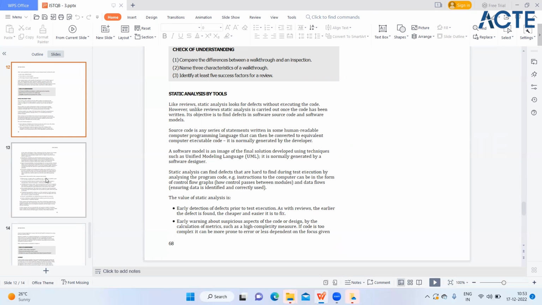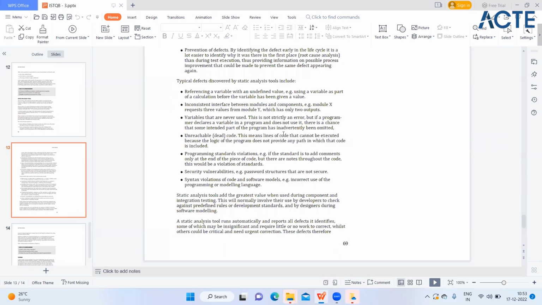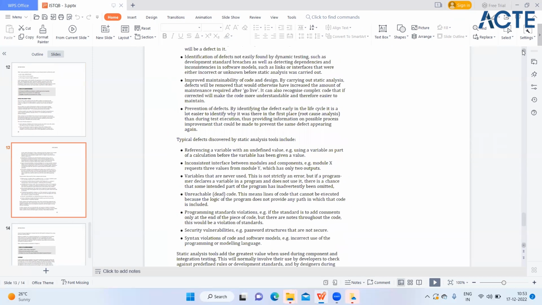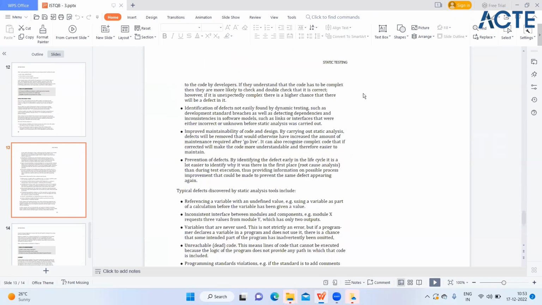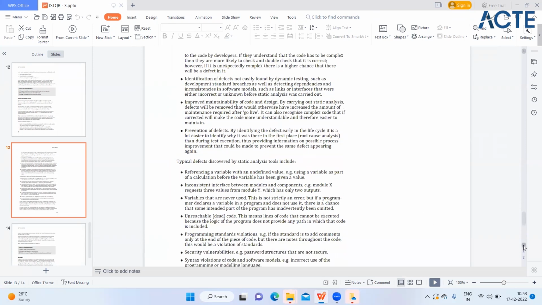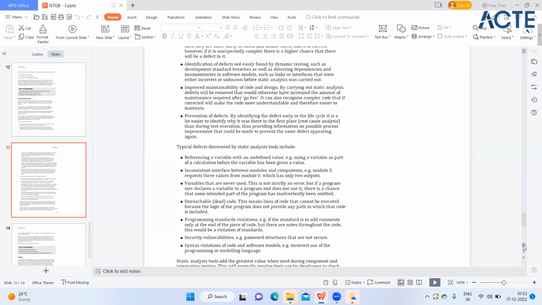Okay. So identification and prevention of defects, that they are saying as a kind of static testing tool.